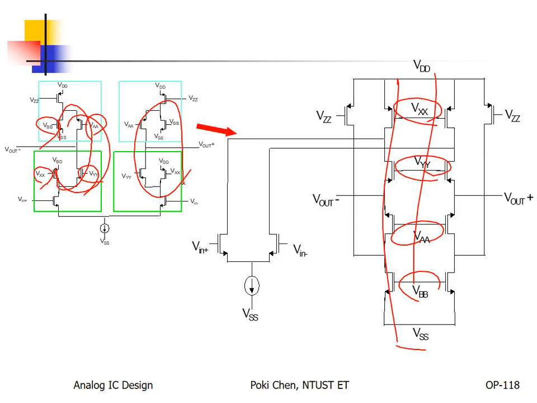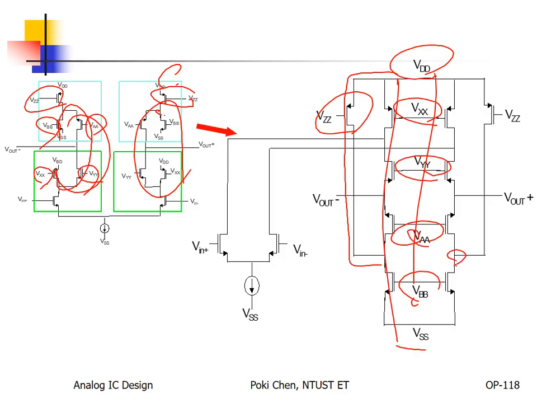For example, where is VZZ? Oh, VZZ actually attaches VDD to the middle of VAA and VBB, here and there.